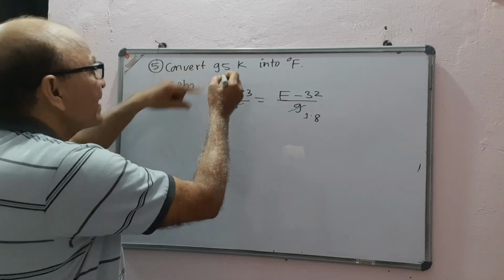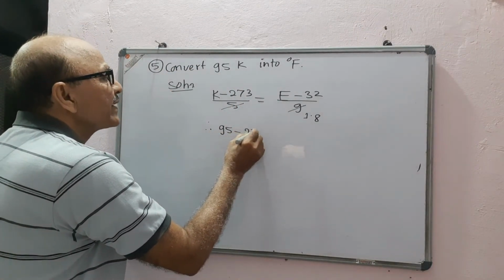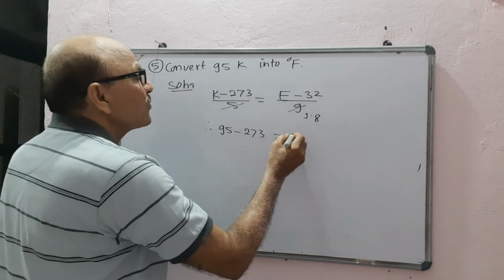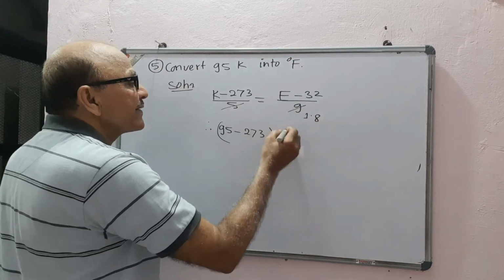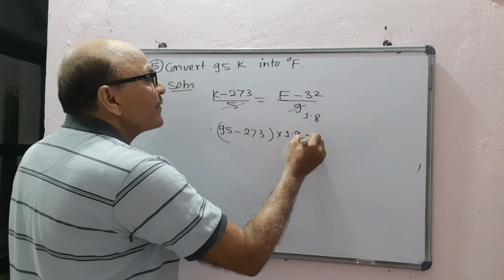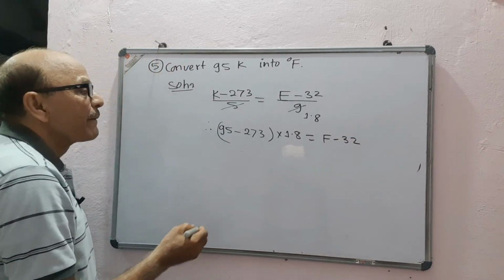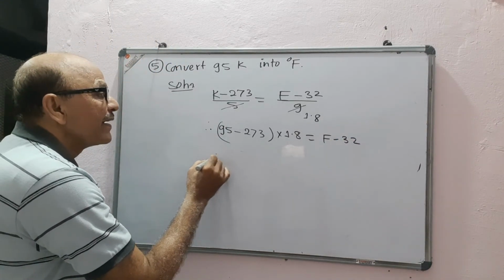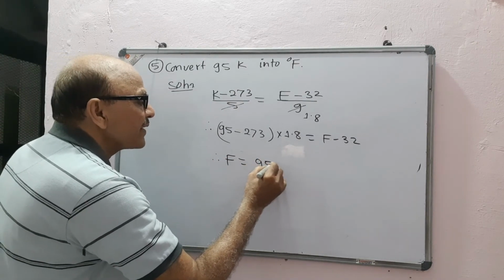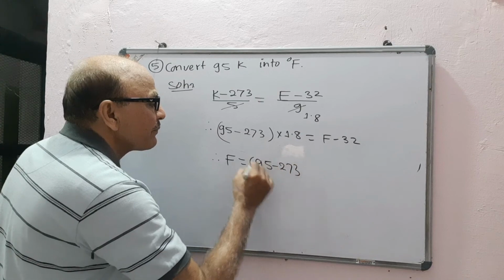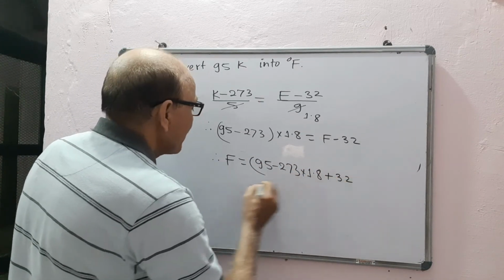K is 95, therefore 95 minus 273 into 1.8 will be equal to F minus 32, or F will be equal to 95 minus 273 into 1.8 plus 32.